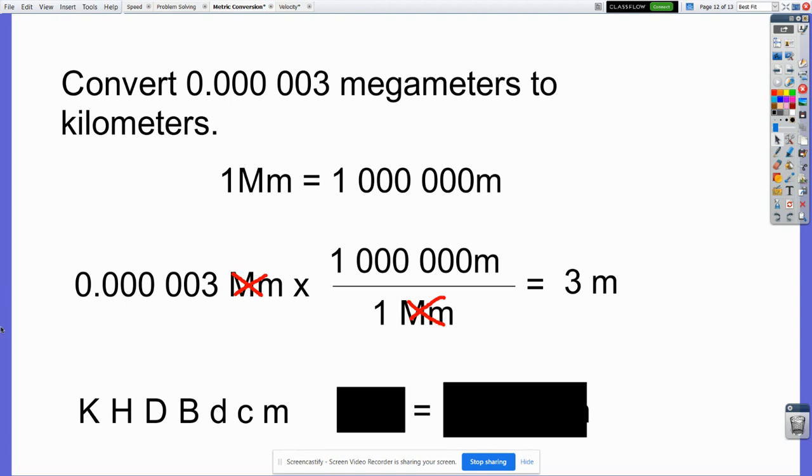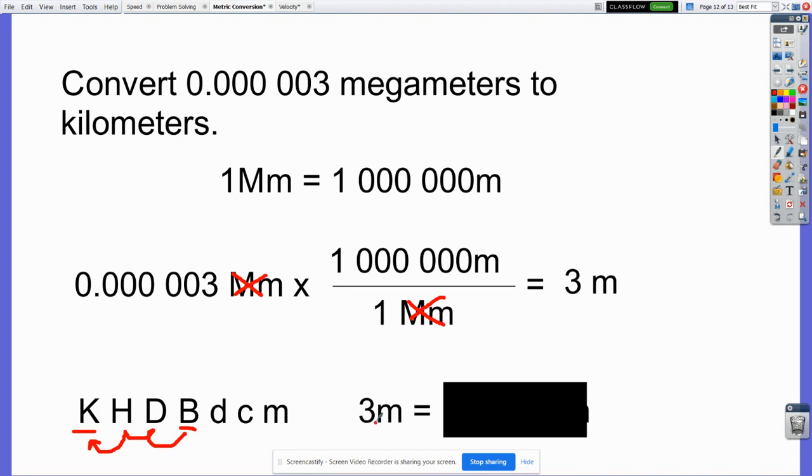Or I can do my simple conversion using the prefixes. I've got meters. I need kilometers. I'm starting at the base unit. I need to get over here. That is 1, 2, 3 places to the left.